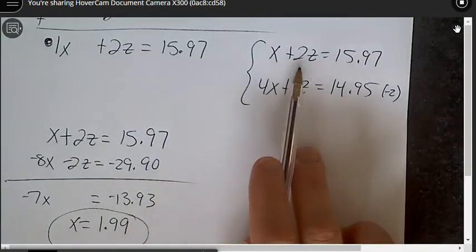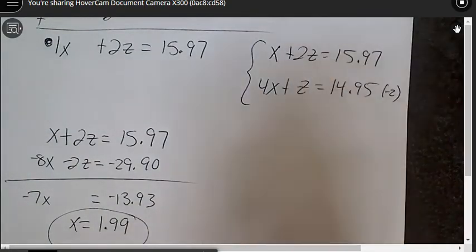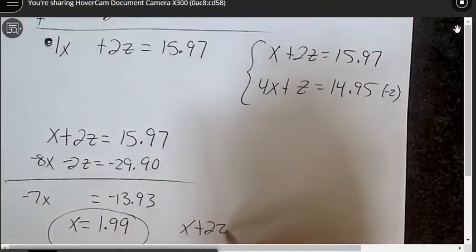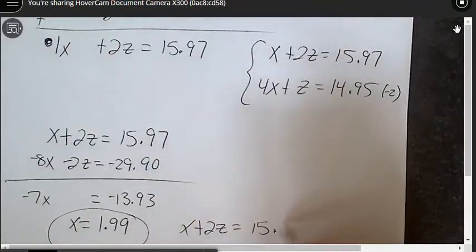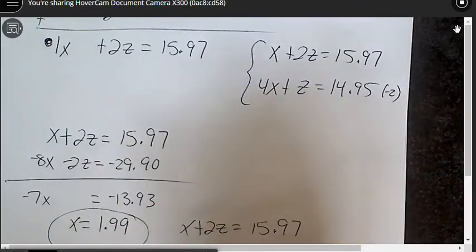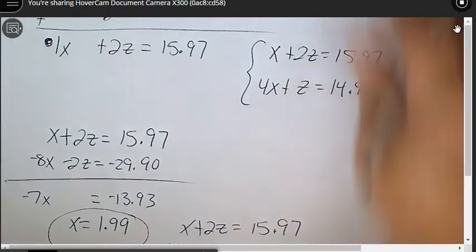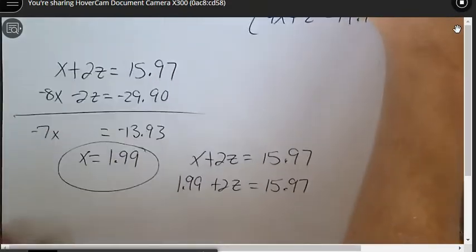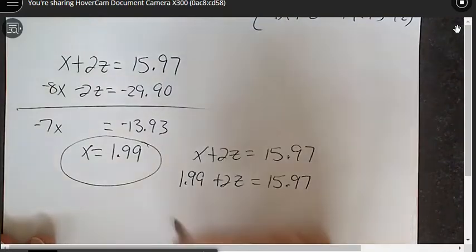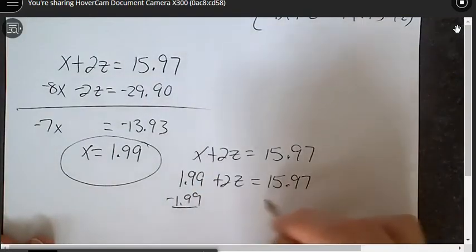To me, that's an easy one right here to plug into for this equation. We have x plus 2z equals 1597. So x is $1.99. And then we're going to subtract the $1.99.